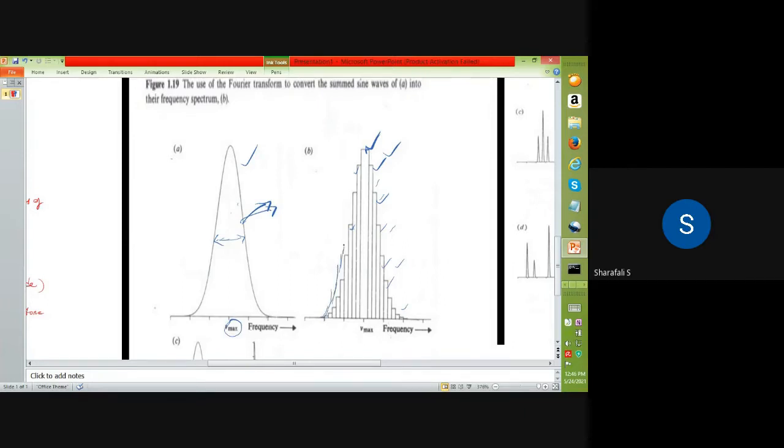Instead of a single spike, we will get a little broad spectra centered at that particular frequency, mu1 or mu2, with decreasing intensity.